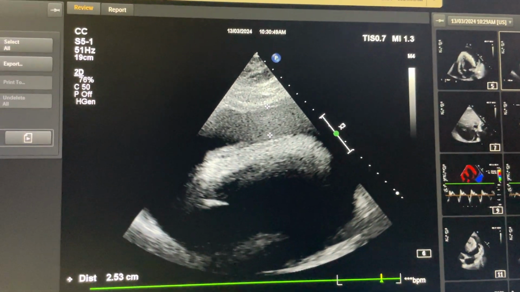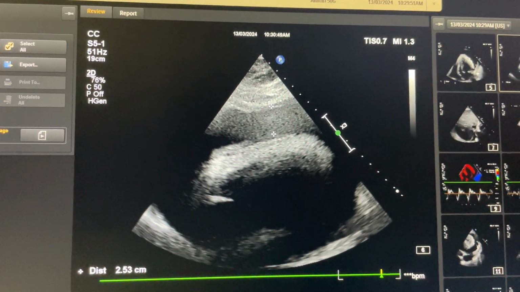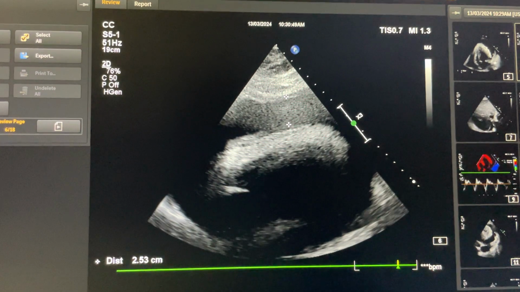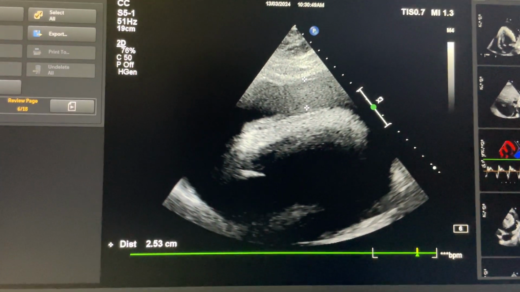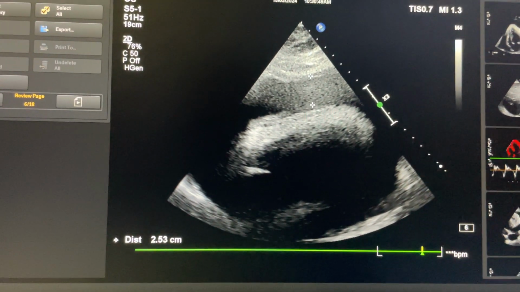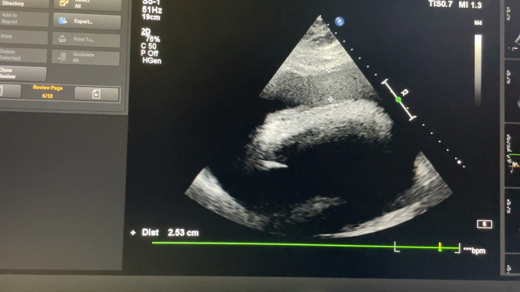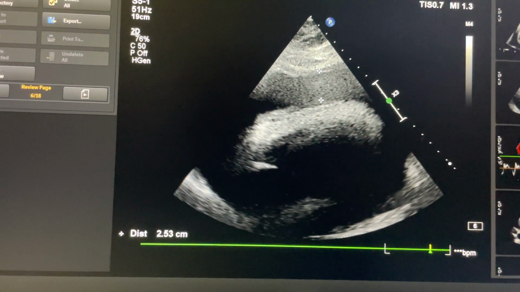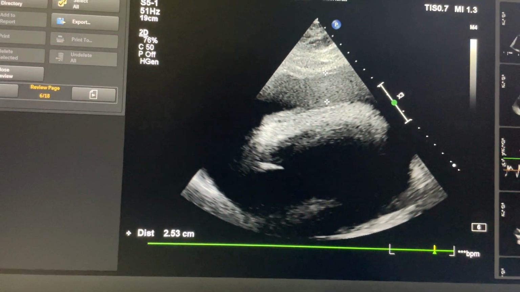This is the extent of pericardial effusion inferior to right ventricle. The probe has been placed in subcostal position, so the upper part of the image is the most inferior part. So the extent of effusion you see in the subcostal view is effusion inferior to right ventricle, because the first structure that you see from subcostal view is the right ventricle.